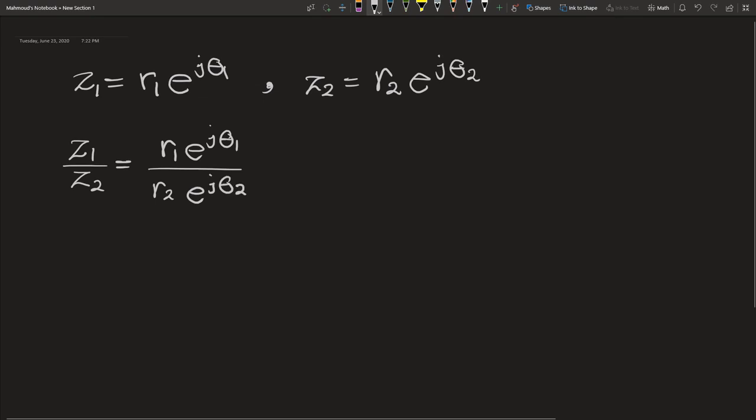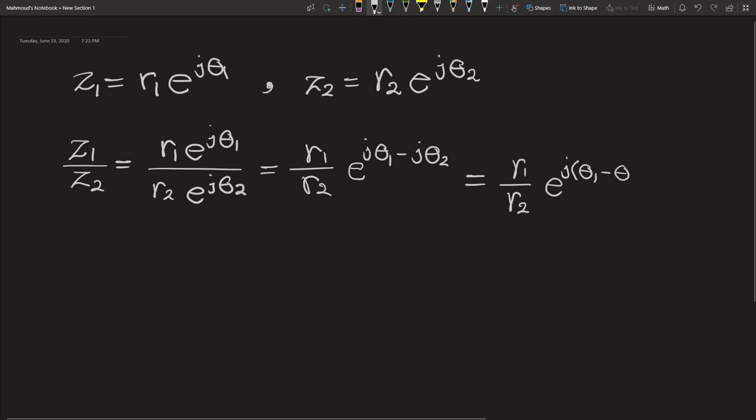So this is equal to r1 divided by r2 multiplying e to the power j times theta 1 minus theta 2.